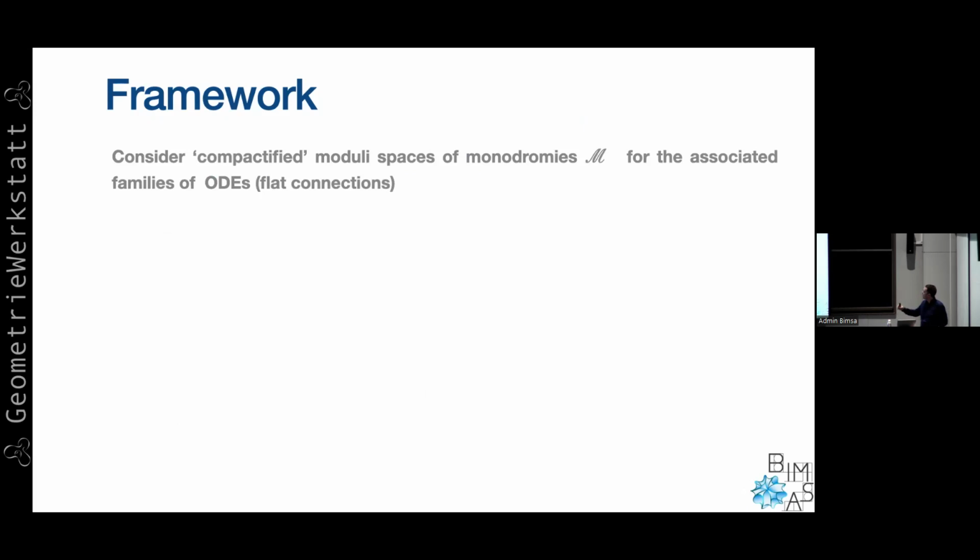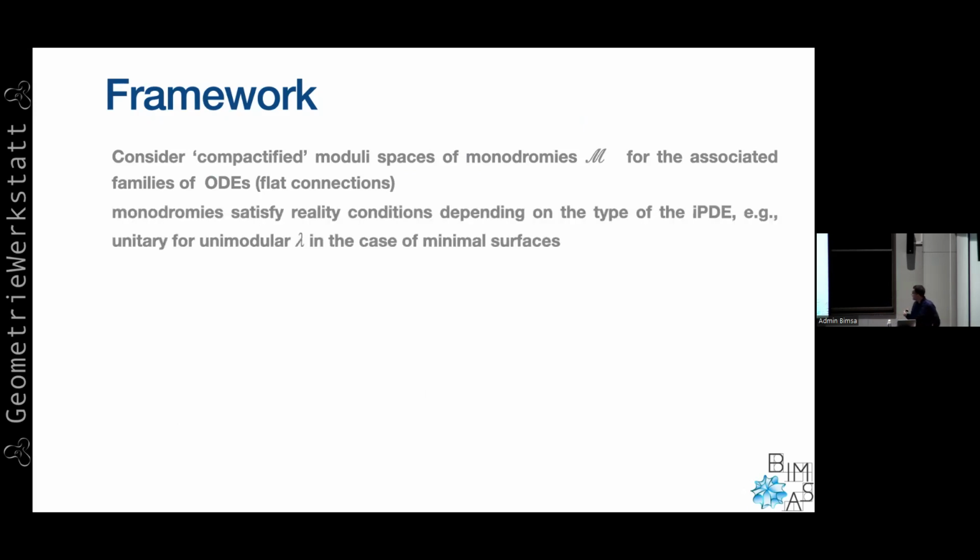And in that space, we map our associated families of ODEs, or of the monodromies of the ODEs. These monodromies have to satisfy very strong conditions depending on the type of the integrable PDE. Just to name an example, if we look for minimal surfaces in the three-sphere, the monodromy must be unitary in the obvious sense for unimodular spectral parameters.